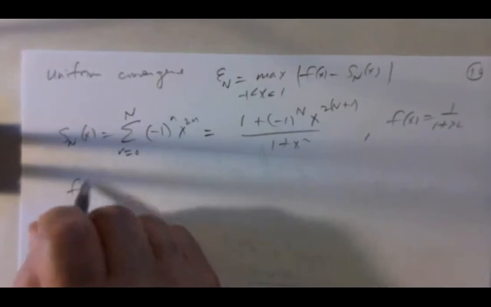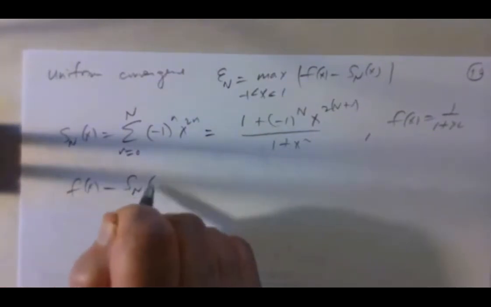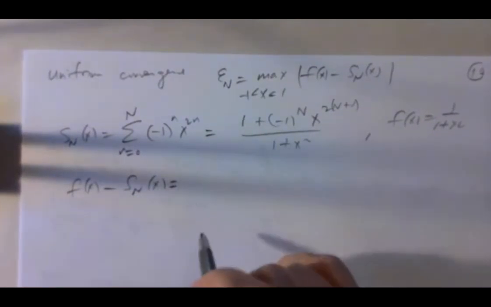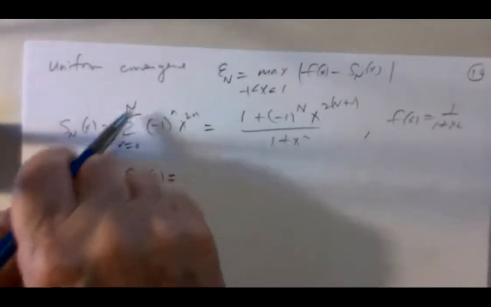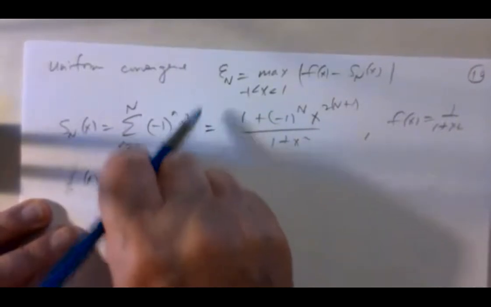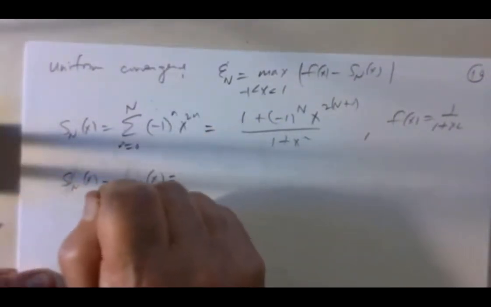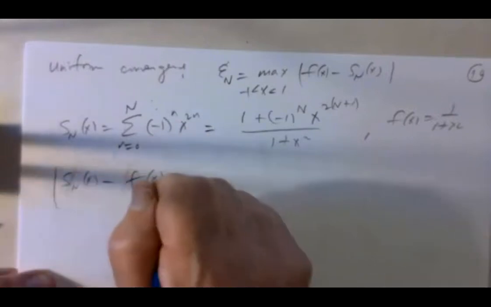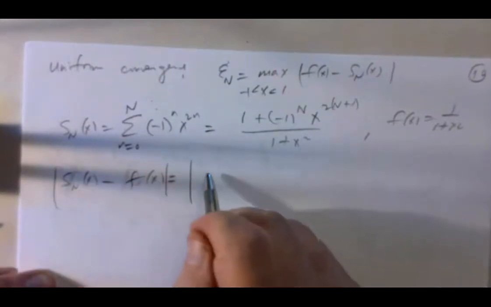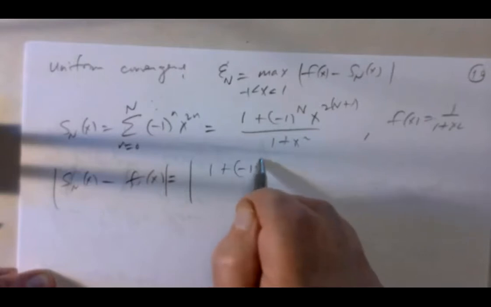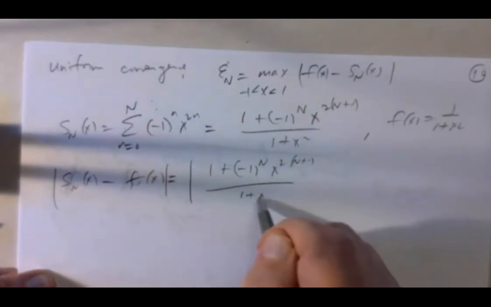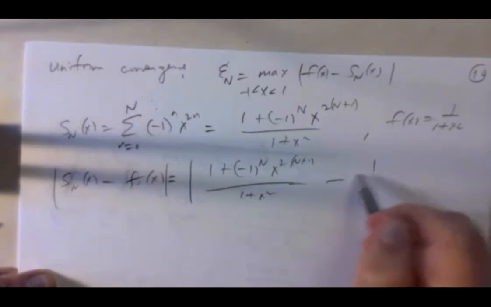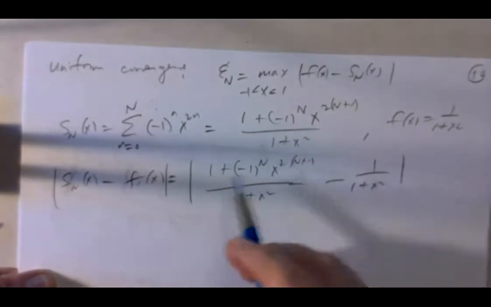So if we look at f of x minus Sn of x, or let me do it in the opposite order just to avoid a minus sign. We're taking absolute value, so it doesn't matter. Sn of x minus f of x in absolute value, that's 1 plus minus 1 to the n, x to the 2n plus 1 over 1 plus x squared minus 1 over 1 plus x squared.